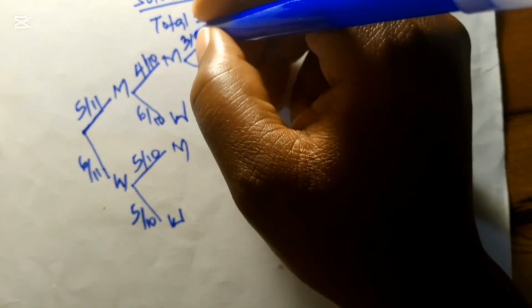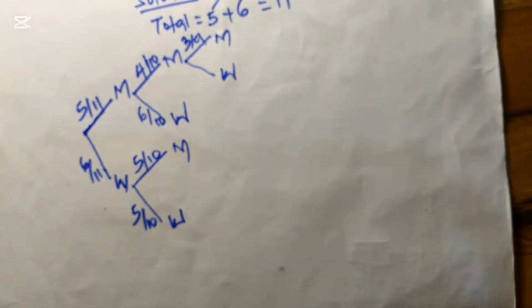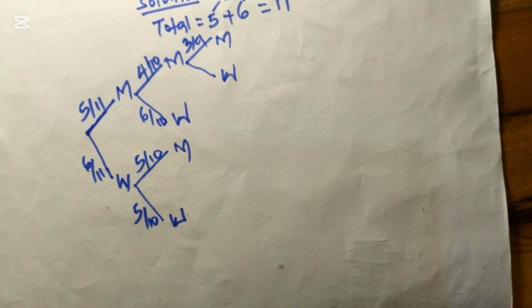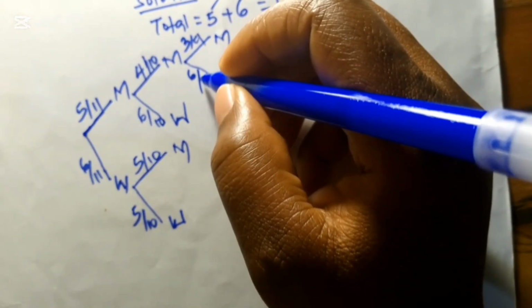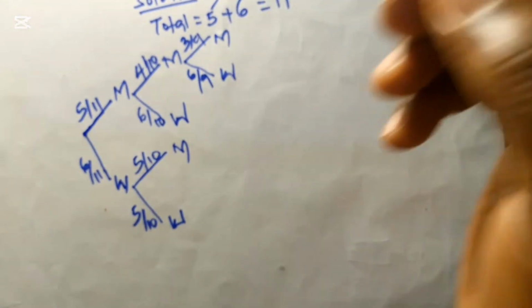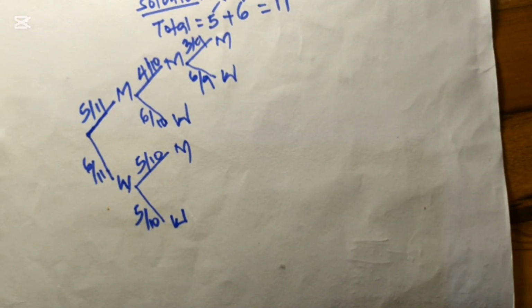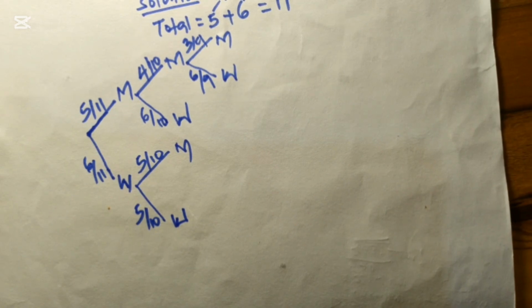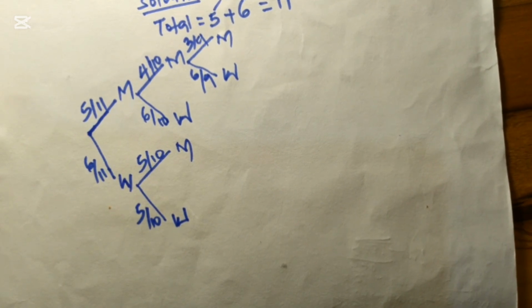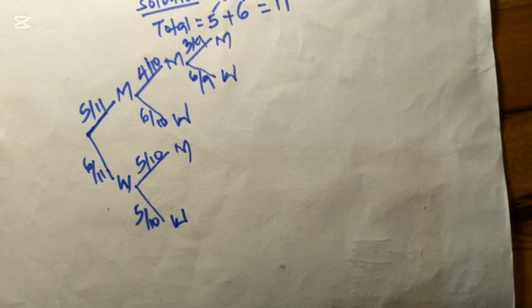Correct. So over 9. Then in this case, no woman is picked, so women are still 6 over 9. You can confirm whether your two probabilities are adding up to 1. Yes, 3 over 9 plus 6 over 9 is 9 over 9, which is 1. That is the best way of checking whether you are on the right track.